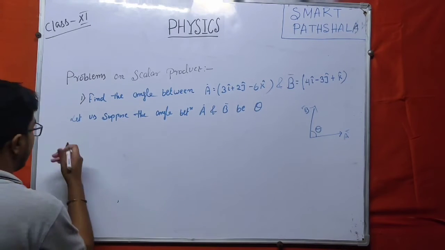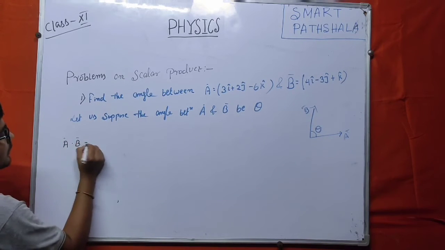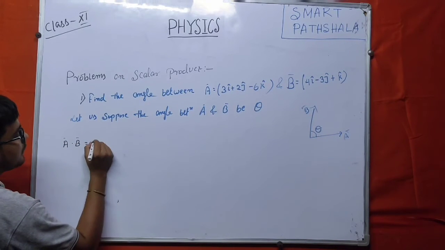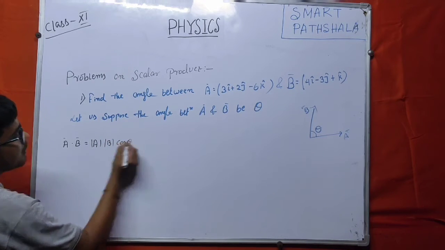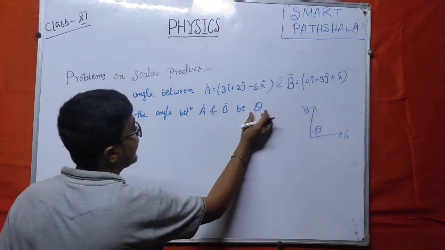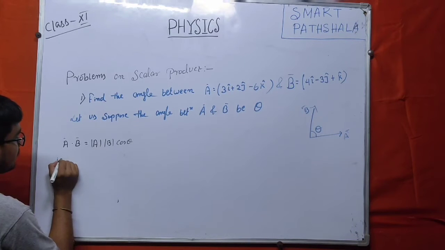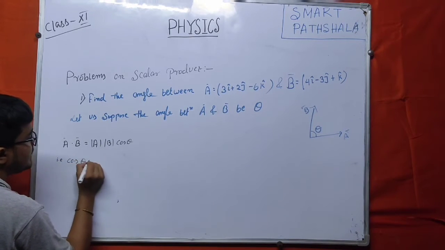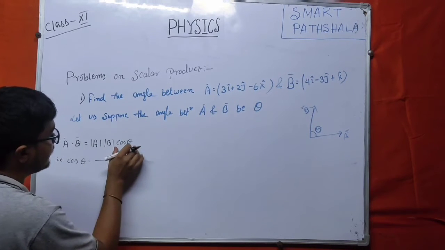A vector dot B vector equal to mod A mod B cos theta. Here we have to find the angle theta. From this equation, what can we write?